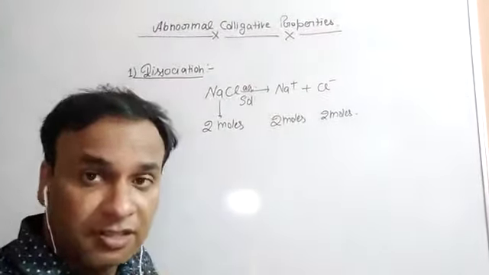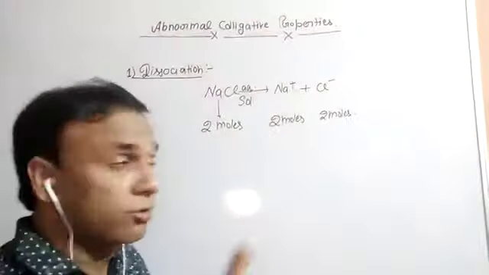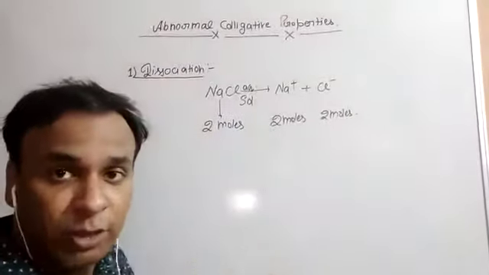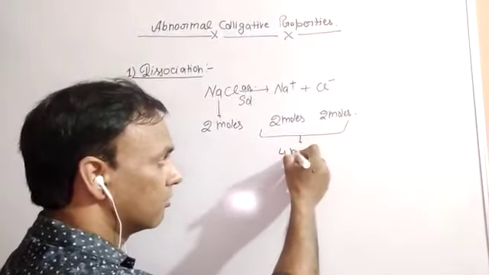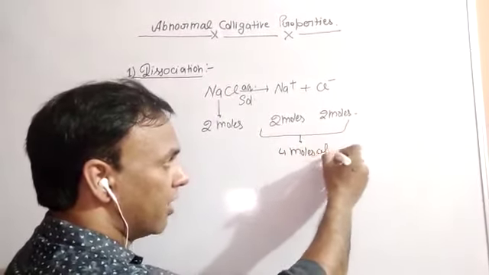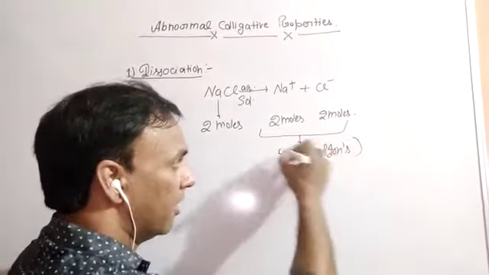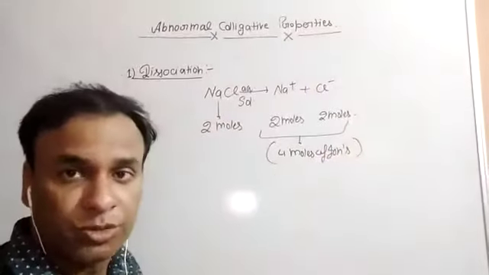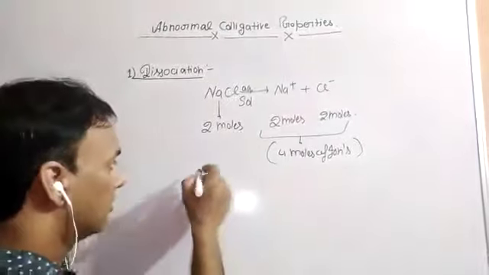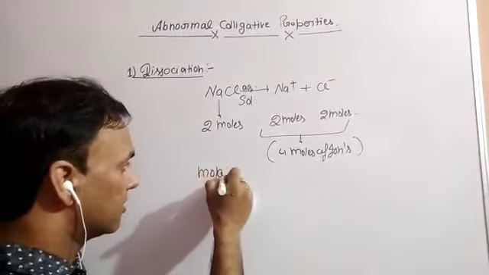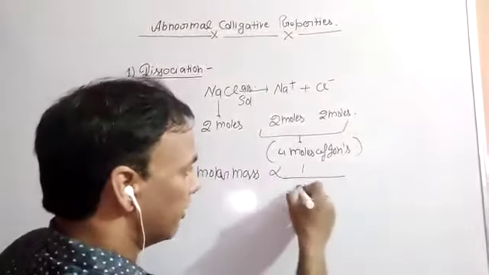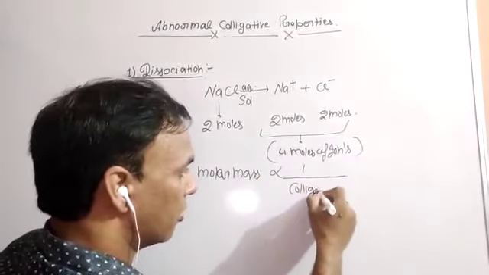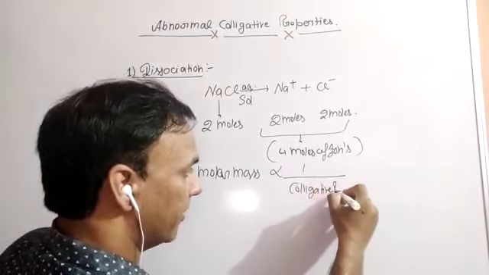It means when 2 moles of sodium chloride gets ionized, it gives 4 moles of ions in aqueous solution, and we know that the molar mass is inversely proportional to colligative property.